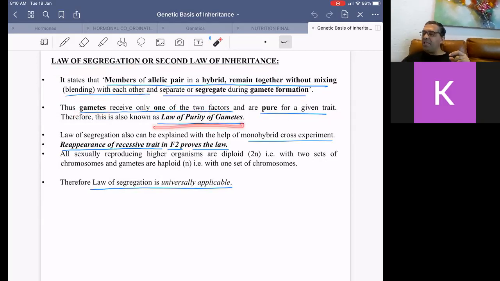So, law of segregation, also called as law of purity of gametes: members of an allelic pair in a hybrid remain together without mixing with each other.